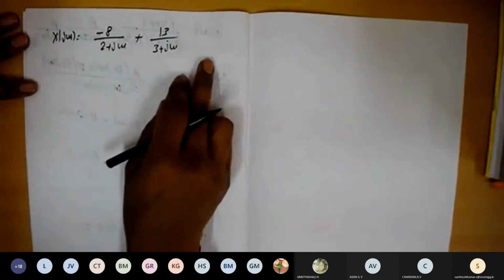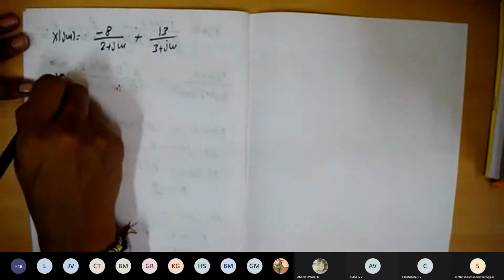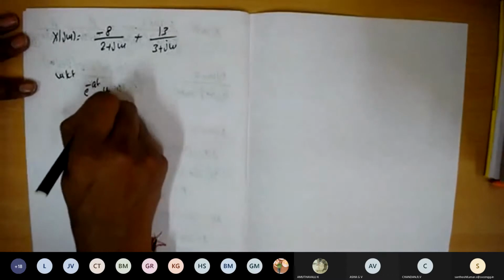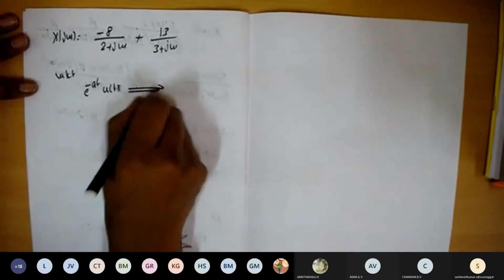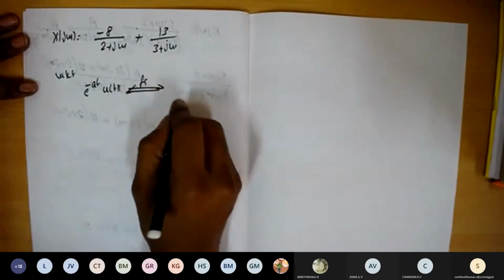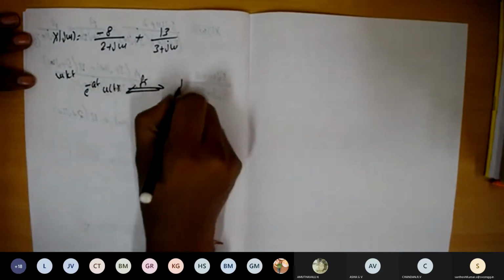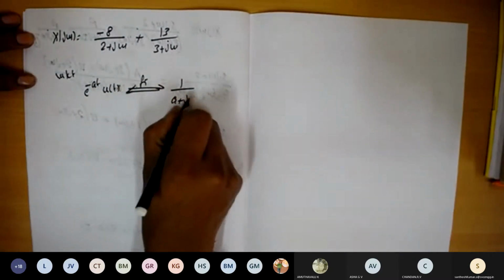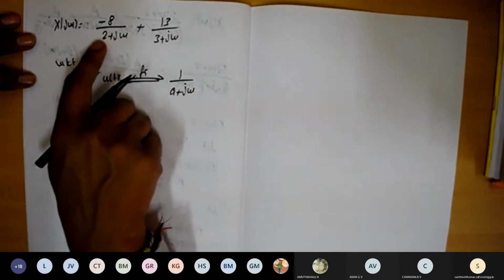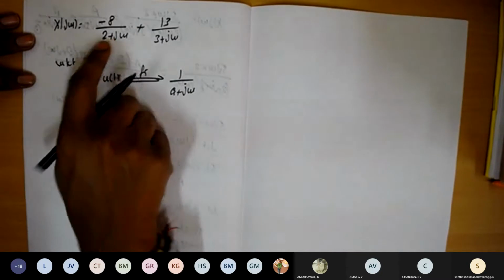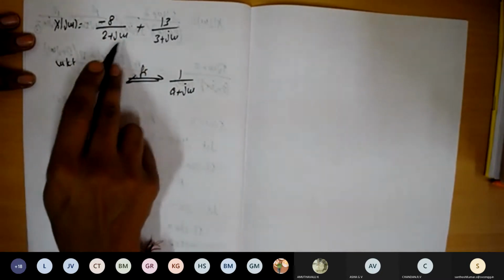Now we have the Fourier transform of e to the power of minus at into u of t. We already came across this: it is 1 divided by (a plus j omega). So in place of a, we have 2 here, and the inverse Fourier transform can be written as e to the power of minus 2t into u of t.